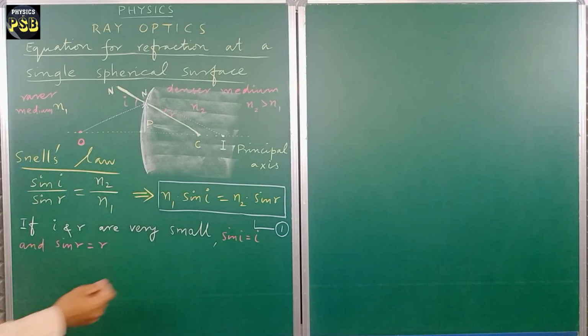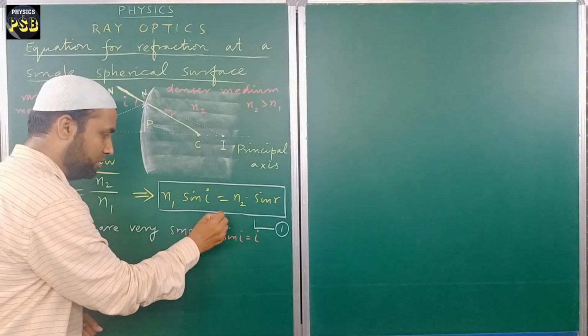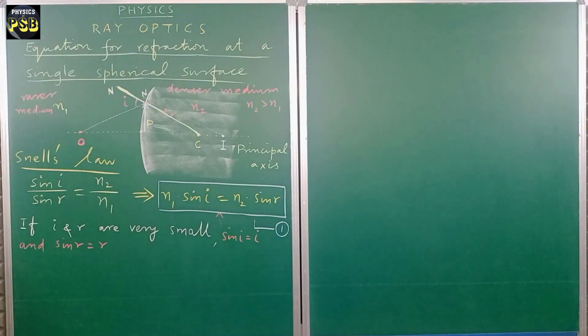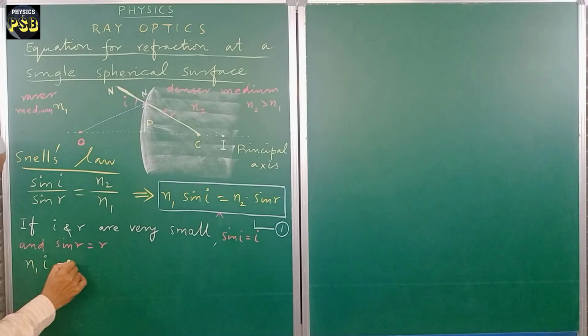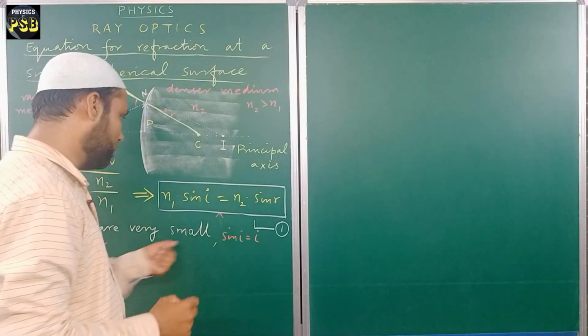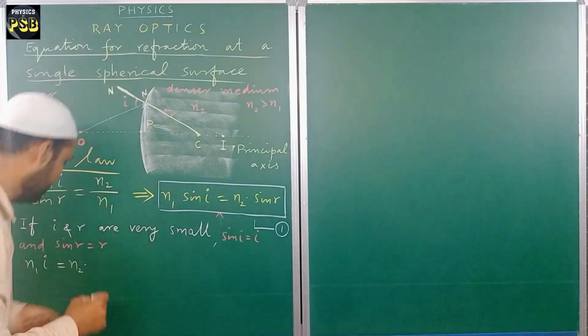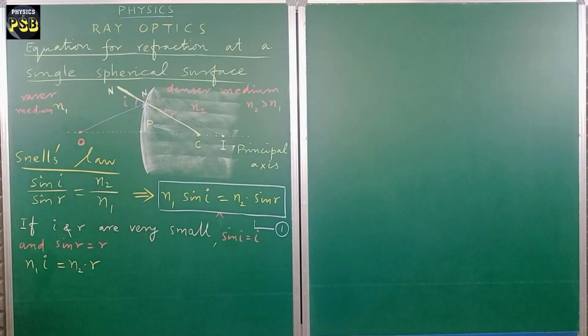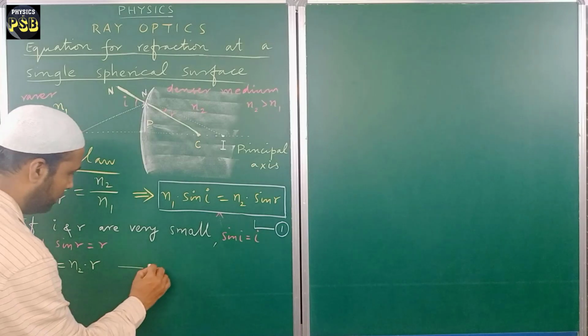I am going to substitute this in this equation. What will I get? I'll get n1 multiplied with i, in the place of sin of i write i. In a similar way, n2 is multiplied with r, because in the place of sin of r I take a small r. This is equation number 2.